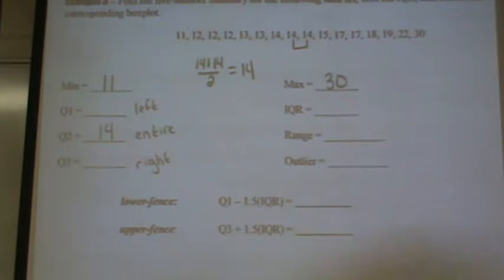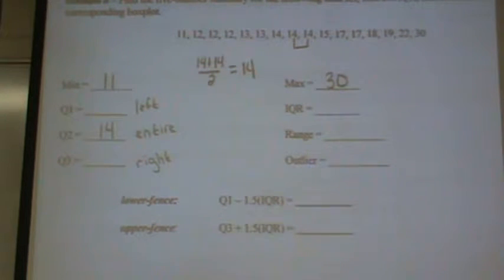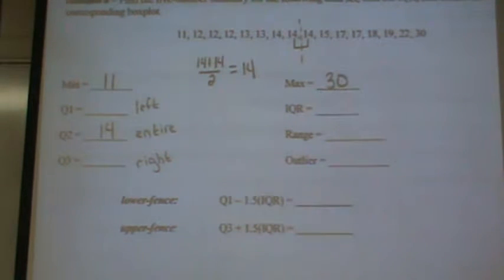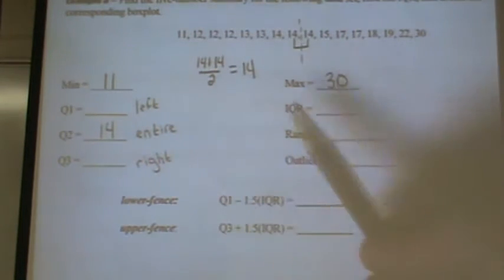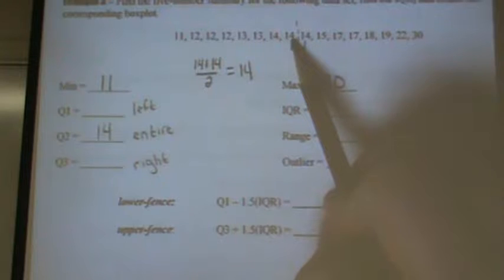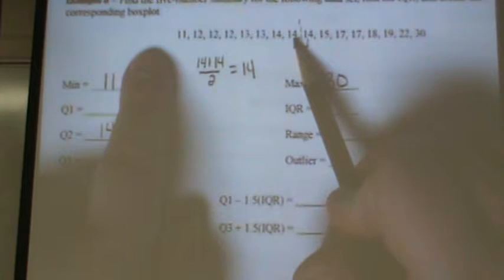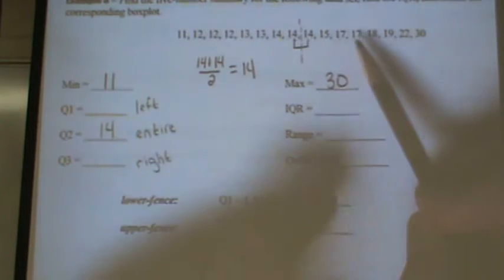Now, when you're considering your Q1 and your Q3 values, remember our median that we just found is technically in between those two 14s. So when you're looking at the left-hand side, we're going to include this 14 and everything to the left. When we're looking at the right-hand side, we're going to include this 14 and everything to the right.